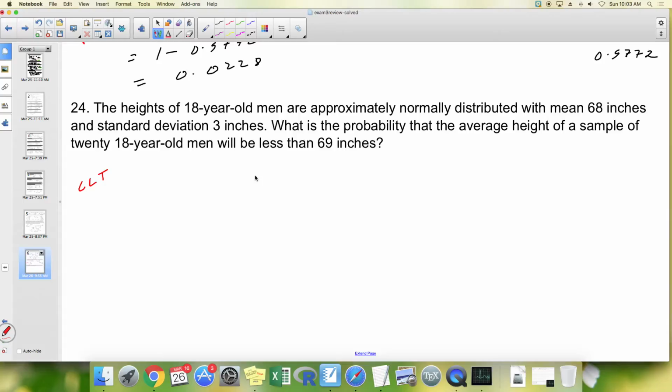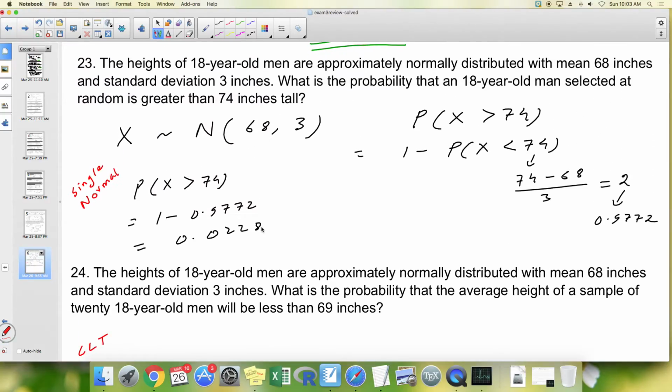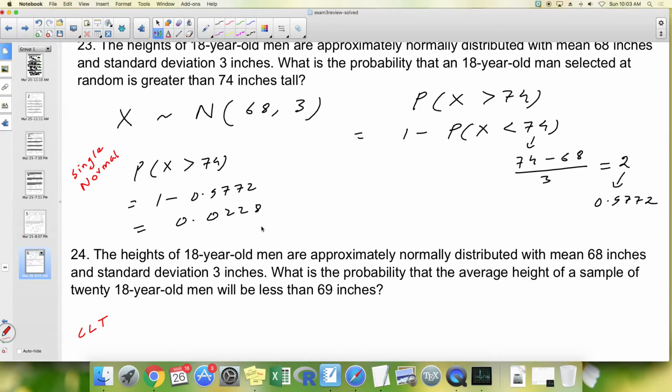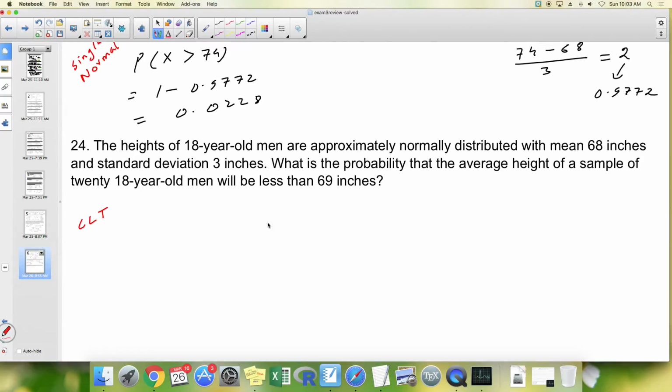Chapters 6.1, 6.2, 6.3, and 6.5 were not mixed together. But in the exam, all kinds of questions will be mixed. From that mixture, you have to know that this problem is from this chapter, and this problem is from that chapter. So how do I know question 24 is CLT?